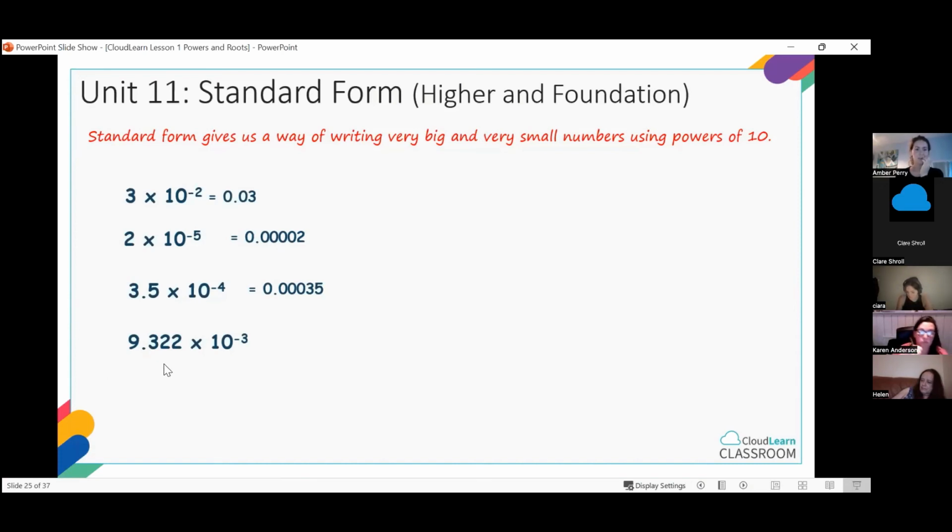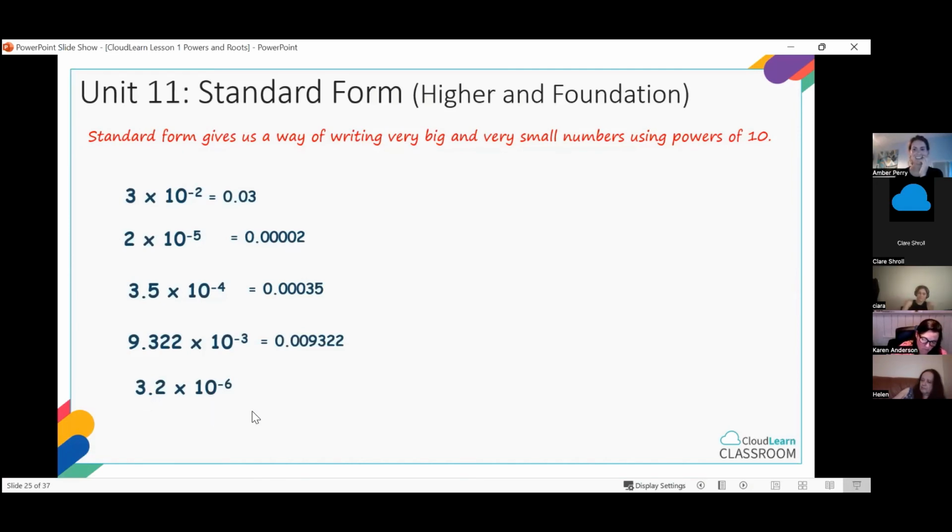Okay, so we need to move that 3 places to the left. So it should have just 2 zeros in front of that 9 because that decimal point has moved 1, 2, 3 places. Excellent, well done. And how many zeros do we need in front of the 3?